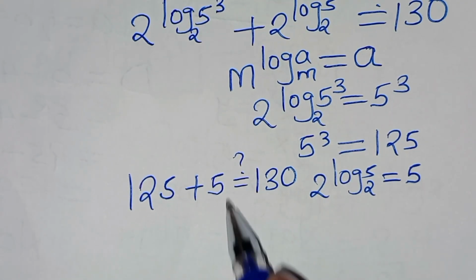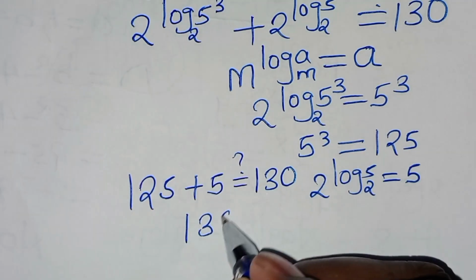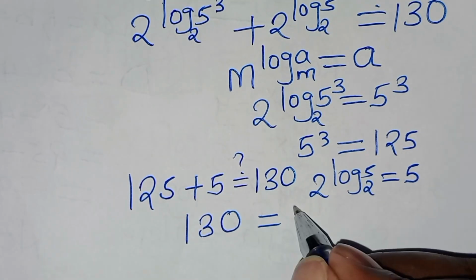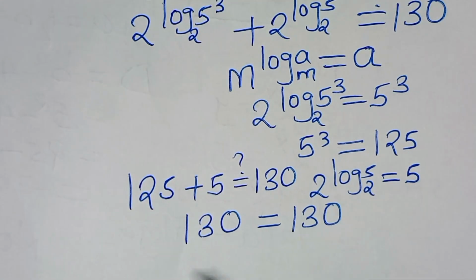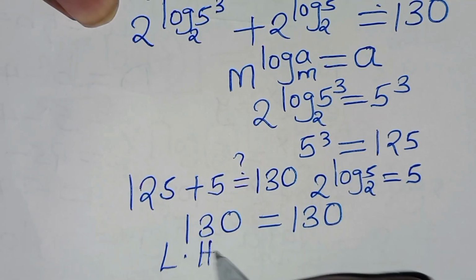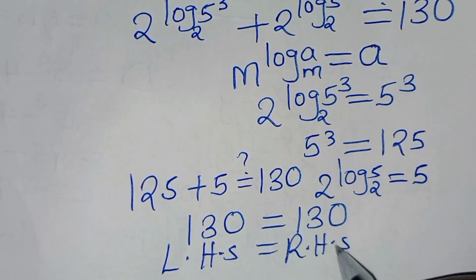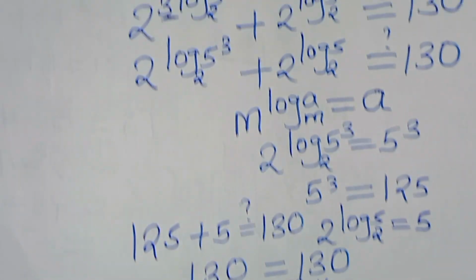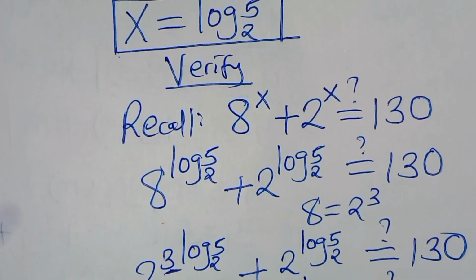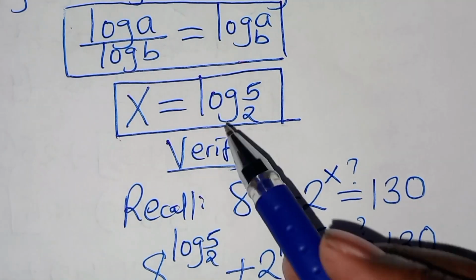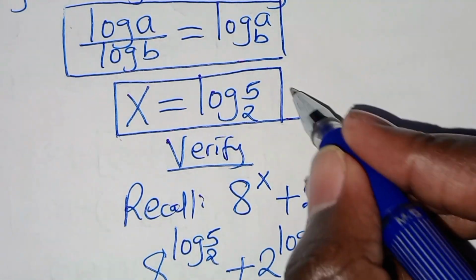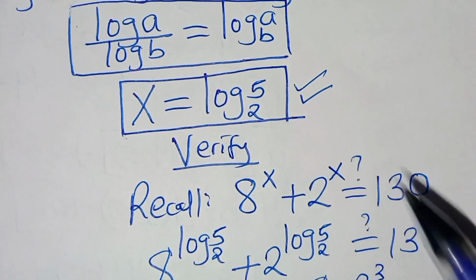So 125 plus 5, this is equal to 130, and this is equal to 130. So this implies that the left hand side is equal to the right hand side. And therefore, this implies that the value of x, which is log 5 to base 2, actually satisfies the equation.